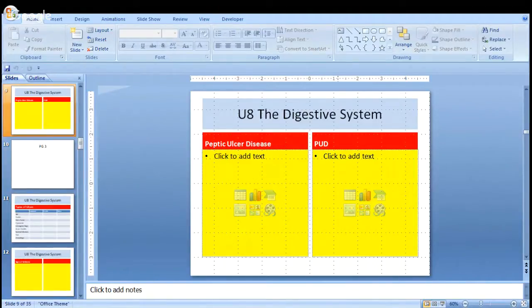One of the key things about peptic ulcers, though, is that if we can remove the H. pylori, that bacterial infection, then the stomach has a really strong defense mechanism and will repair itself very quickly and easily. So once treatment begins, people usually respond really quickly and get back to normal and feel better.